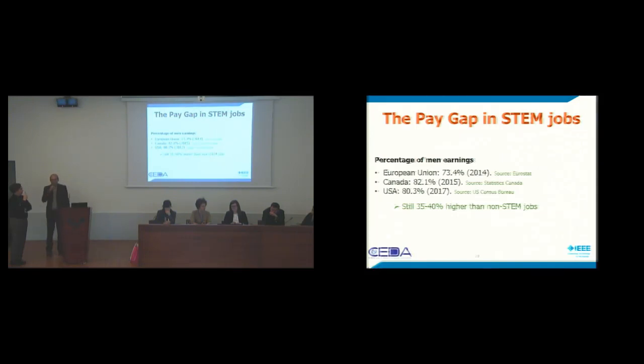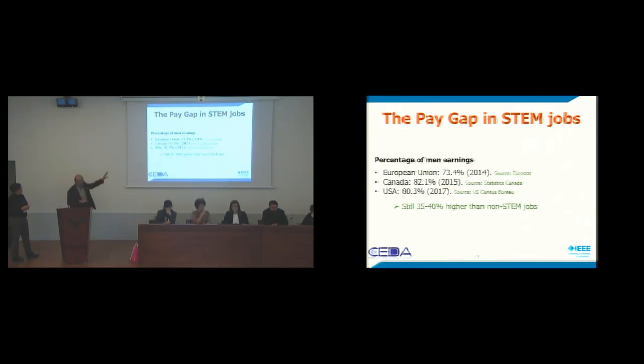The pay gap. If we look at the statistics of different countries, this is the average salary of women in STEM jobs compared to the average salary of men. The average salary of women in the European Union is 73.4%, in Canada 82.1%, in the United States 80.3%.